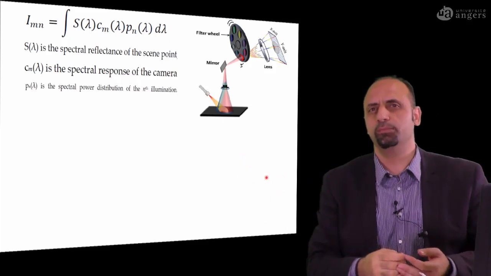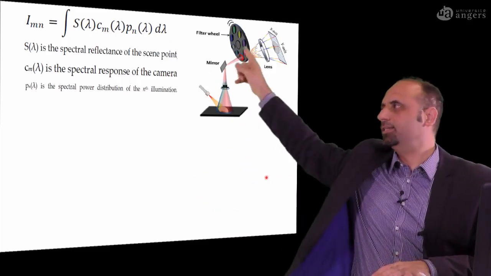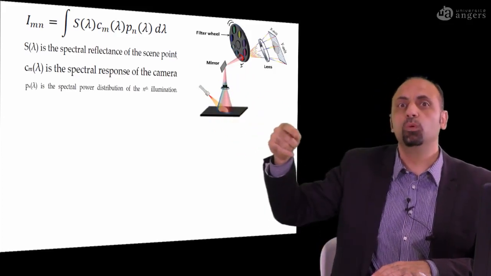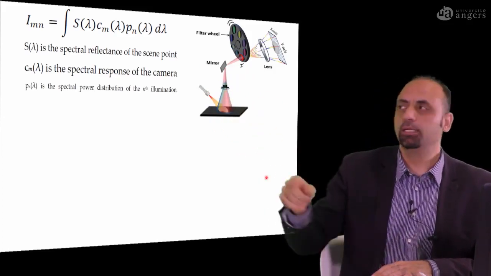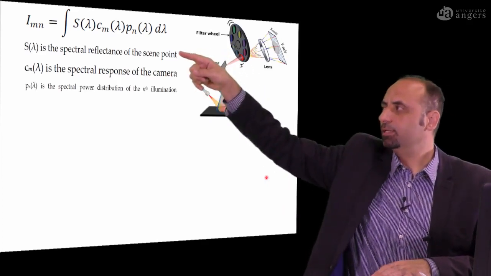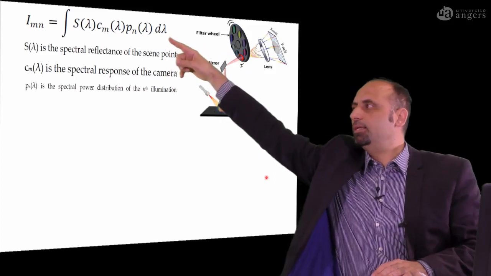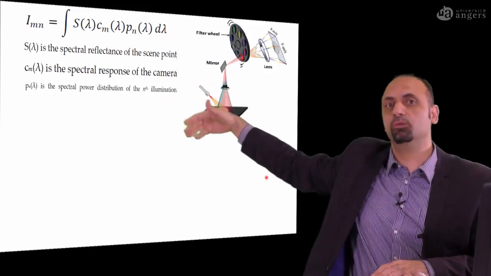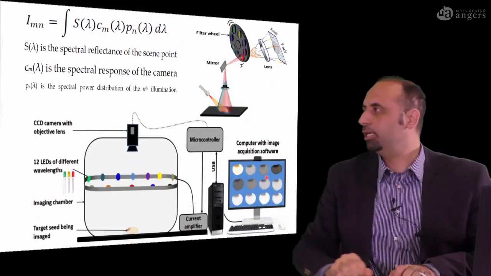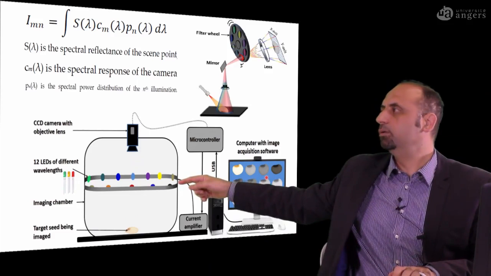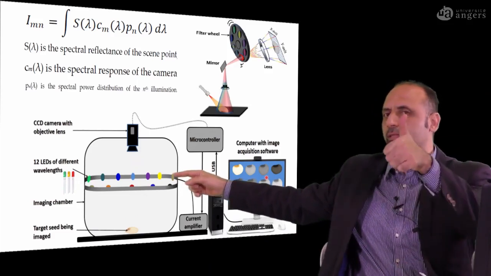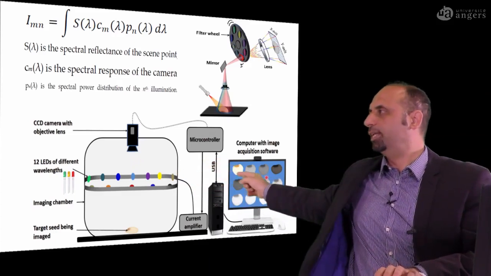So what is the illumination-based system? Instead of using a filter wheel, we are going to use different wavelengths of illumination. For this, we need to replace the different filters with different illumination wavelengths, and the other parts should be constant. This is the theory of the illumination-based system. As you see here, we operate only one light at one wavelength and acquire one image.